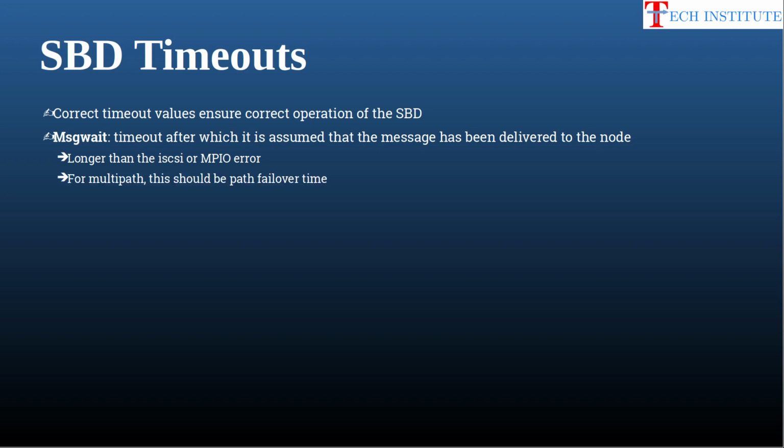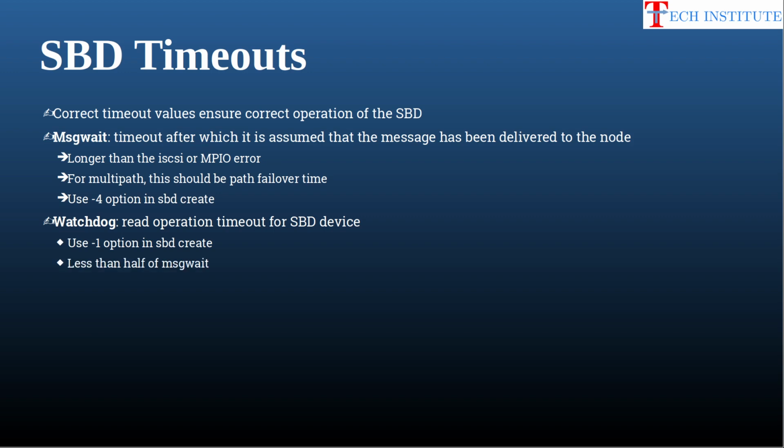And for multipath, this should be your path failover time, and you have to use the -4 option in the SBD create command. And the watchdog timeout, that is the read operation timeout for the SBD device, use the -1 option in SBD create, and it should be less than half of msgwait.